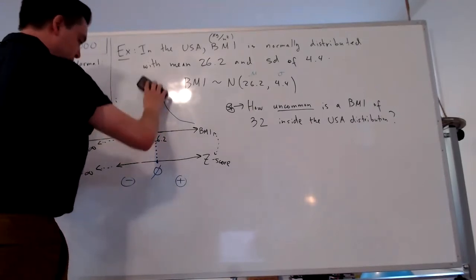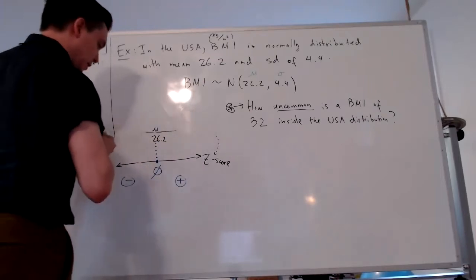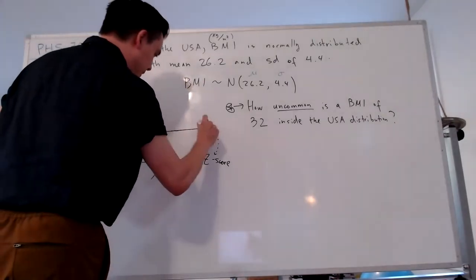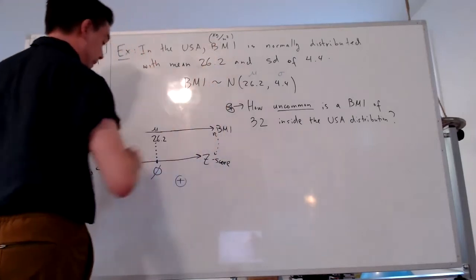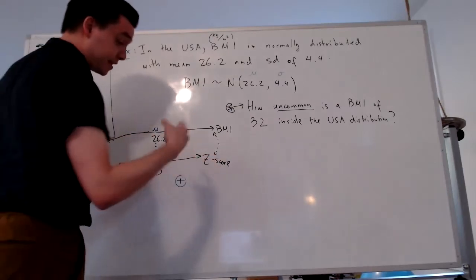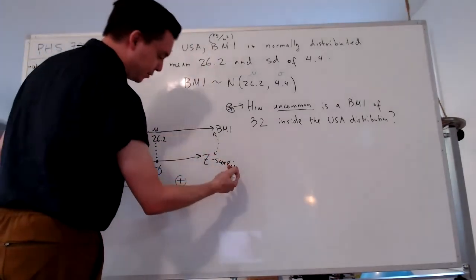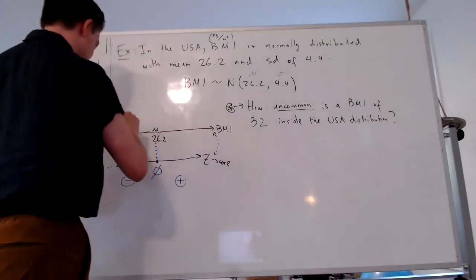Here is my BMI scale. It's measured in units, kilograms per meter squared. Notice that z-score doesn't really have these units. The units of the z-score are standard deviations of our variable.